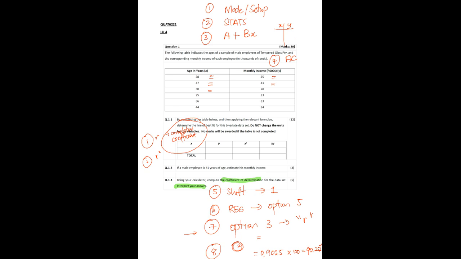Okay, so to interpret this, there is a very straightforward way of interpreting it. I'm going to show you how. I'm just going to clear the screen so I have some space. And remember, our answer was 90.25%.